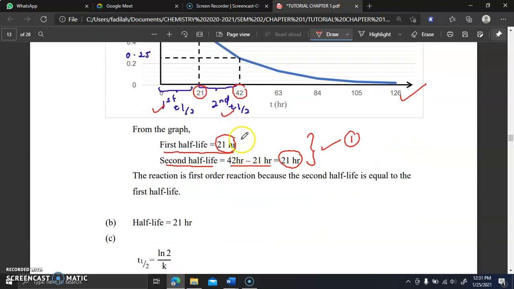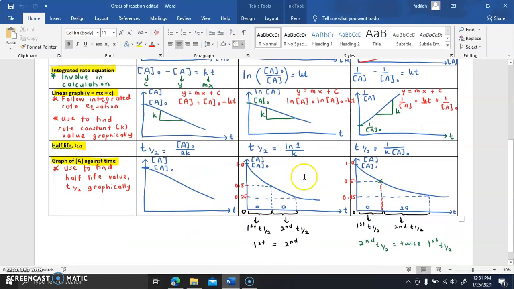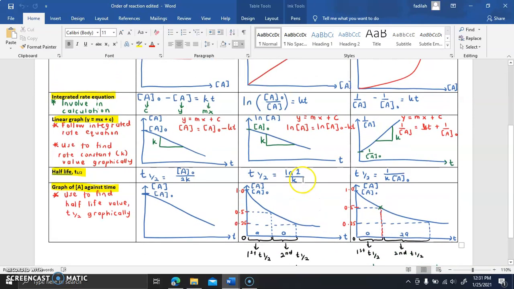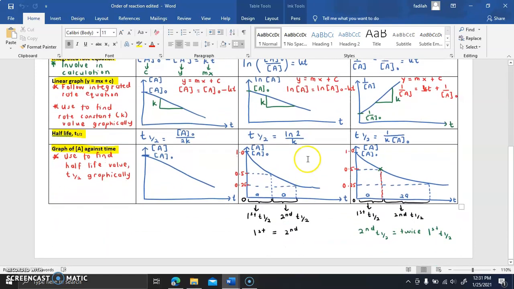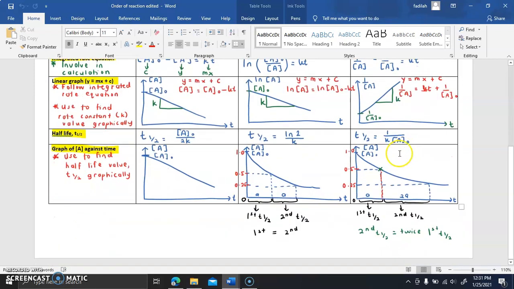Alright, so after kita dah tahu the value of first and second half-life, remember in the handout, the ciri-ciri for first order reaction: first order reaction, the first half-life is equal to the second half-life. Meanwhile, the characteristic for second order based on half-life graph, second half-life is double ataupun twice the first half-life.